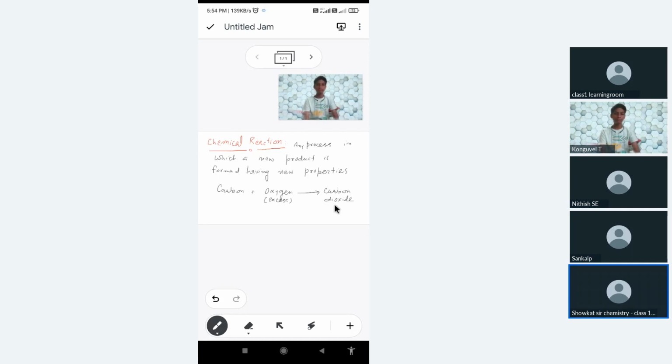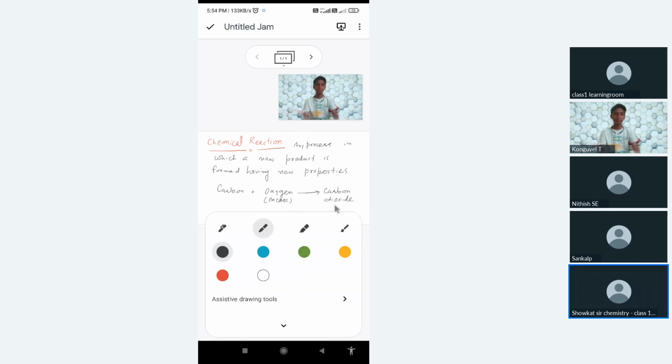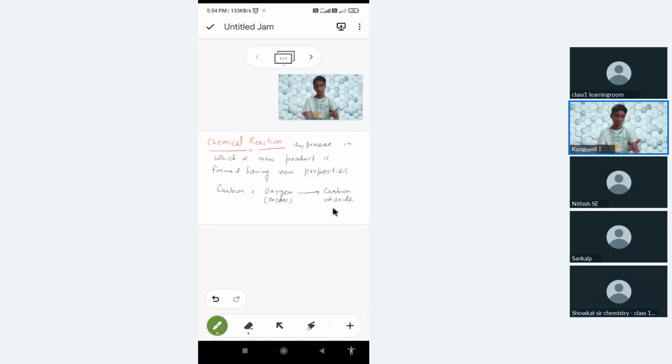Carbon dioxide is used as a fire extinguisher to extinguish fire. Yes, sir. So it has new properties. It's a new product formed when we react carbon with oxygen. So this is a chemical reaction.